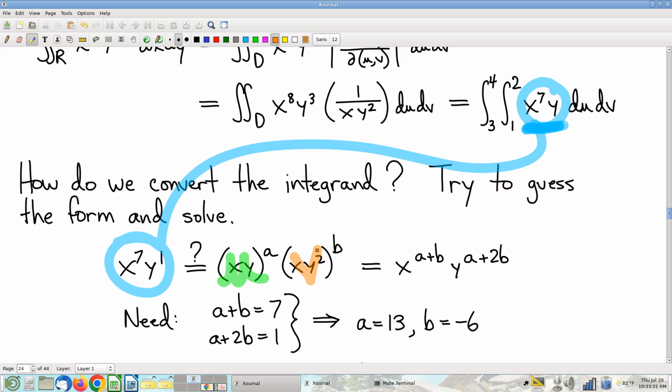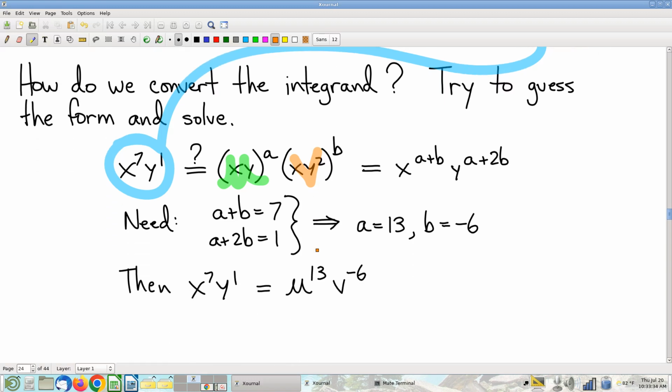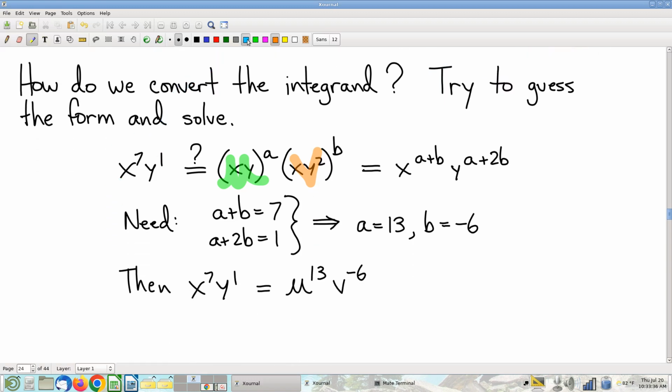So I find myself with this scenario. Again, I've got an expression in terms of x's and y's that I want to write in terms of u and v that are themselves expressions in terms of x's and y's. And here's where an algebraic game begins. Now, what I've got written down here is how I'm going to strategize on the basis of my current situation.